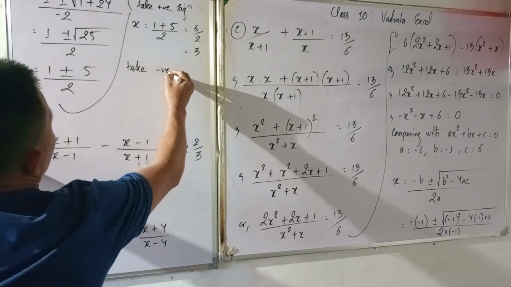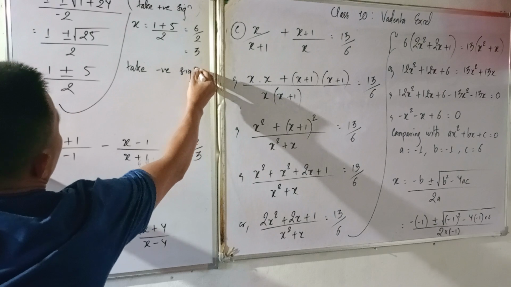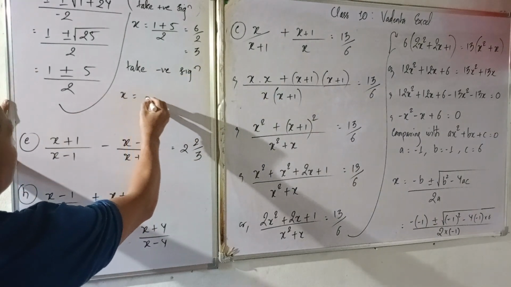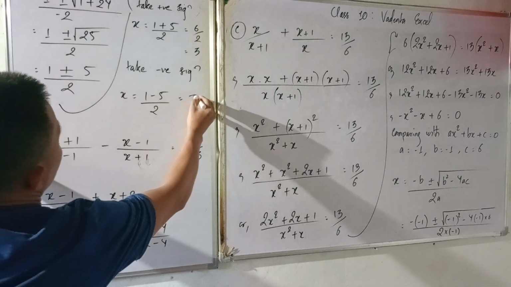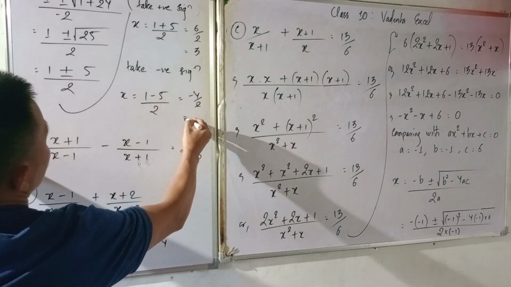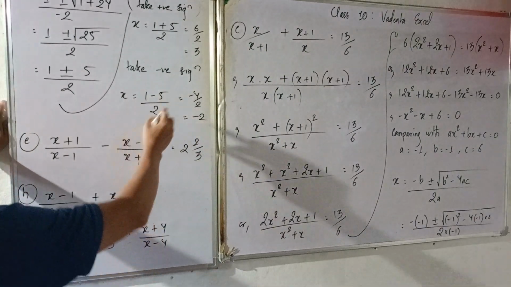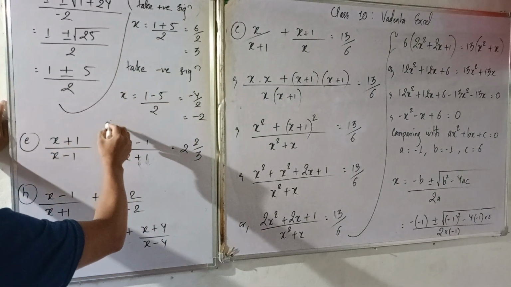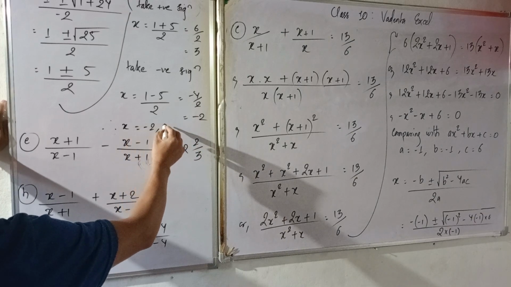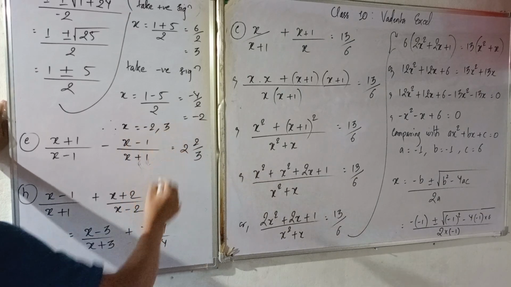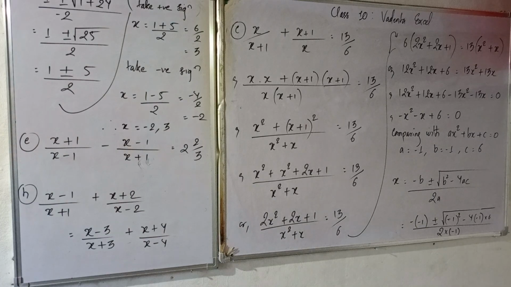Take negative sign. x equals 1 minus 5 divided by 2, this becomes minus 4 by 2, this becomes minus 2. So from here you will get the two values for x, one is minus 2 and another is 3. So this is how it is done.